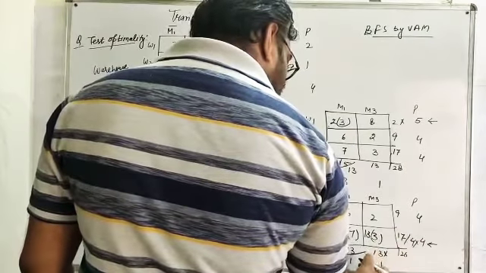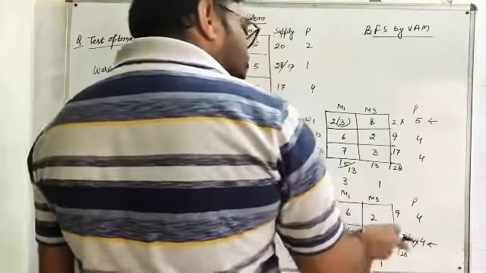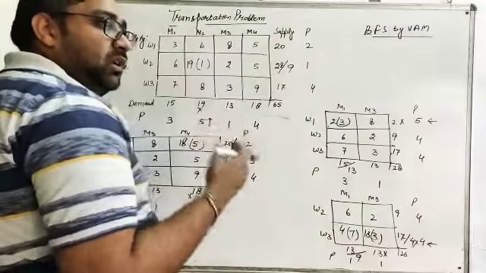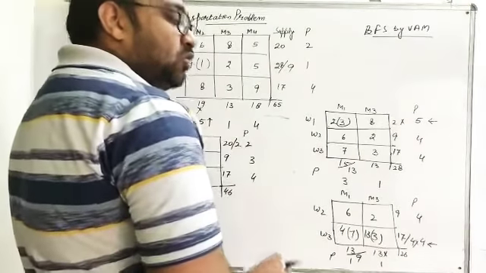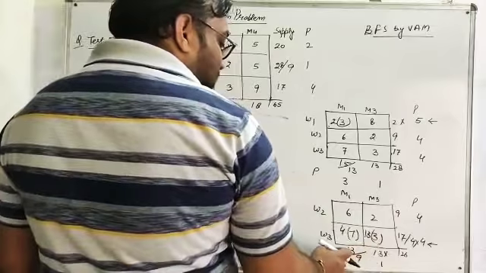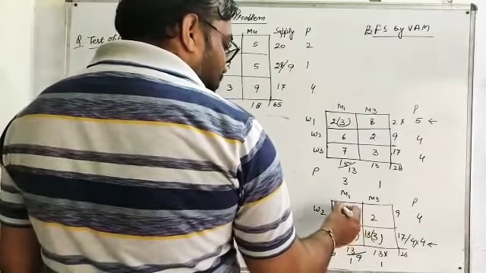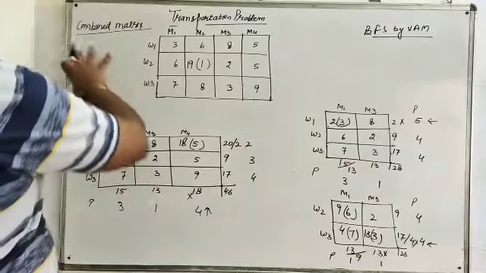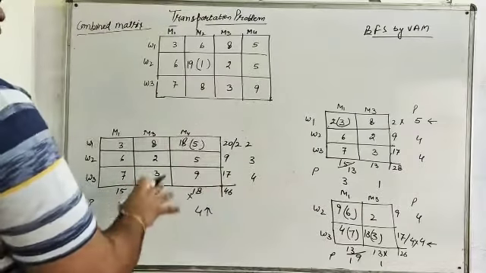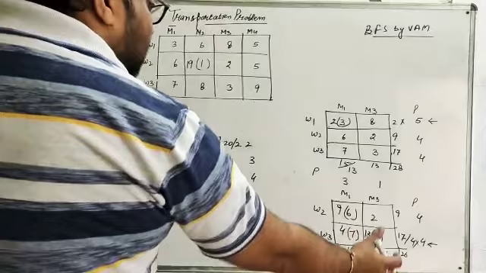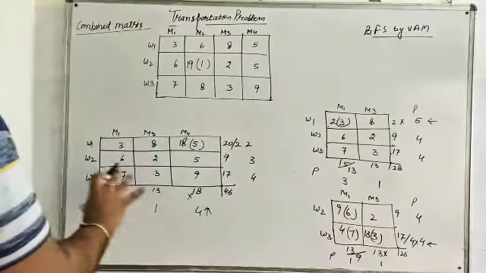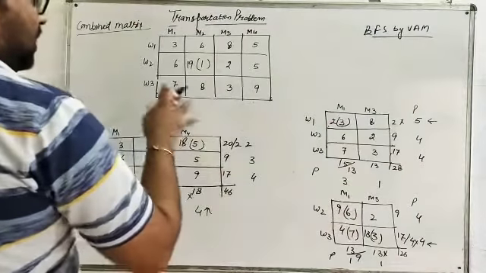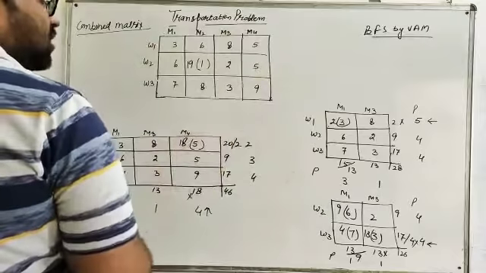Move to the next element. What is remaining? 9. Now this is a 2 by 2 matrix, so we can fulfill all the entries in this particular matrix. 9 is there and 9 is there, so the intersection is at 6. So put 9 on it. Now make a combined matrix. This is the combined matrix and we have to put all the entries found from these 4 matrices into this matrix.